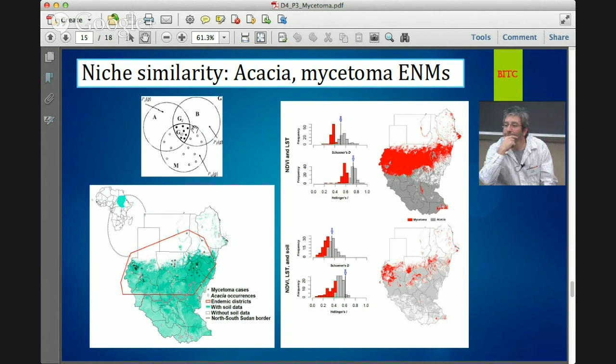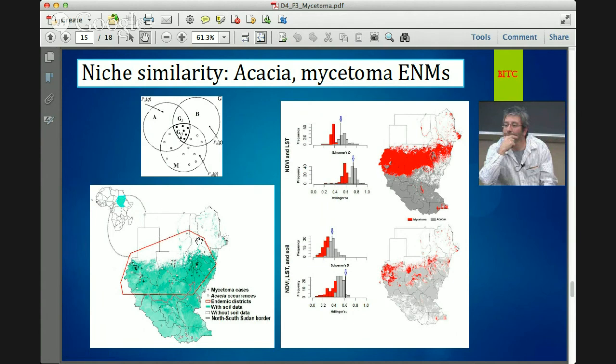We will return to the BAM diagram, which is represented in different lectures. But I'm only interested now in determining an M for Mycetoma and an M for Acacia. Acacia has access to all of Sudan, so I have no problem with M, because I will consider M the whole of Sudan, the whole country.